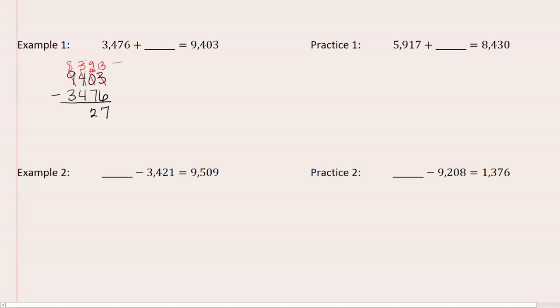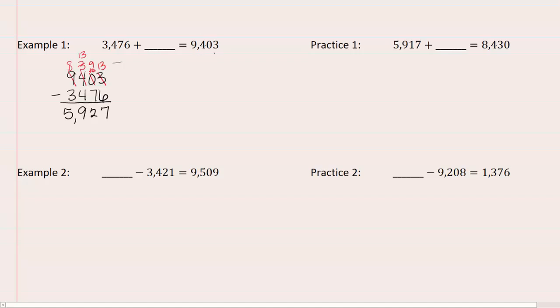So my 9 becomes an 8, and my 3 becomes a 13. Now I have 13 minus 4. 13 minus 4 is 9. 8 minus 3 is 5. So my answer, the missing value, should be 5,927.